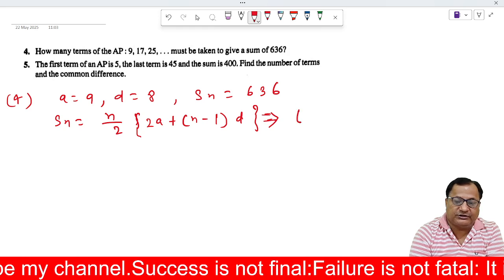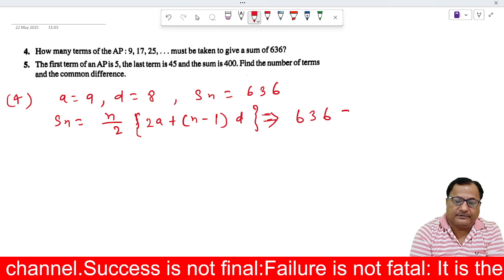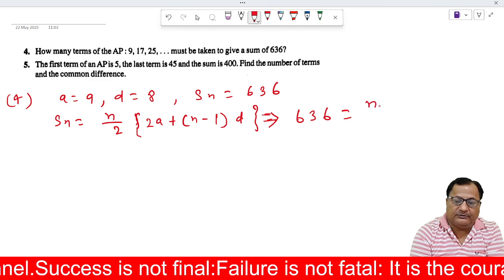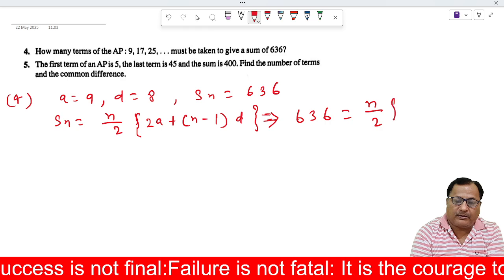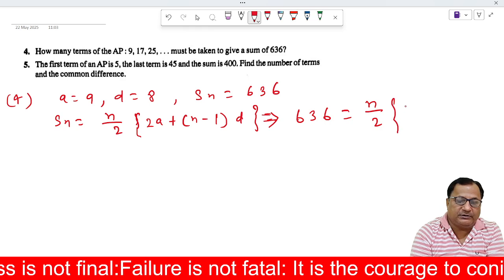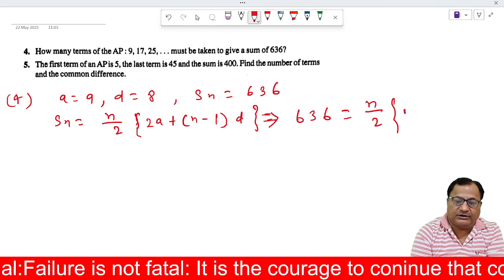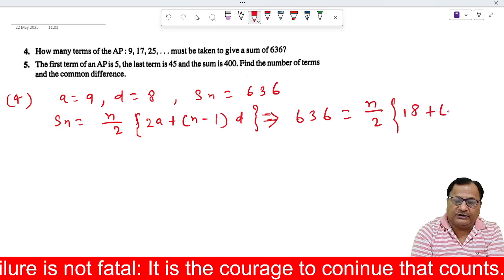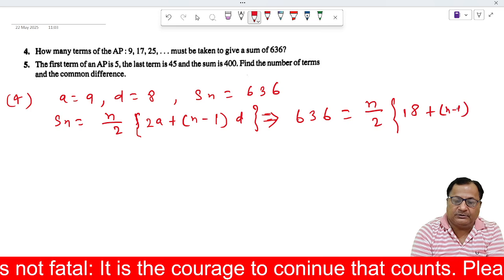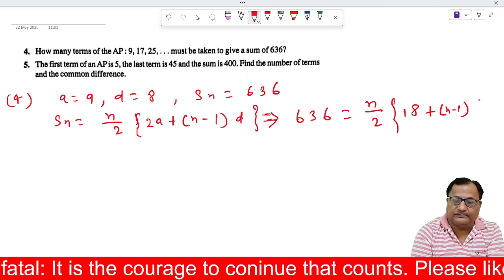Sn is equal to 636 is equal to n by 2, we have to find n, 2a is 2 into 9, means 18, plus n minus 1 into d, which is 8.